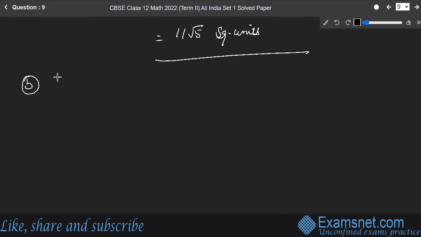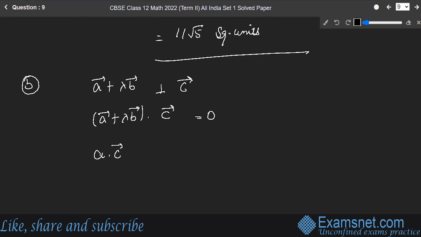Here we go. So question number B part, here you are given that A plus lambda B vector is perpendicular to C vector. If they are perpendicular, that means their dot product is 0, right? So A dot C vector plus lambda B vector dot C vector is equal to 0.